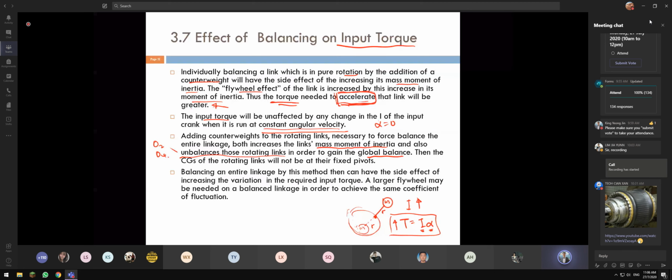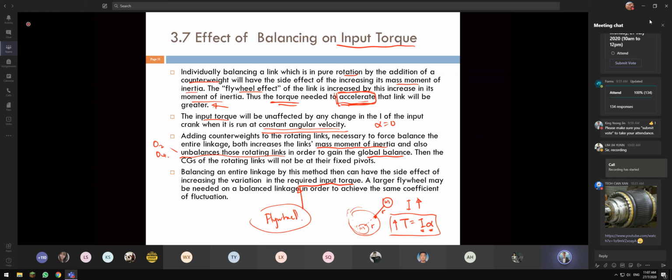So balancing an entire linkage by these methods can have the side effect of increasing the variation in the required input torque. We already discussed this on flywheels in the previous chapter. The reason we need the flywheel is that the torque is varying, so the peak and the minimum have a very huge difference, and we need flywheels to levelize the input torque required.